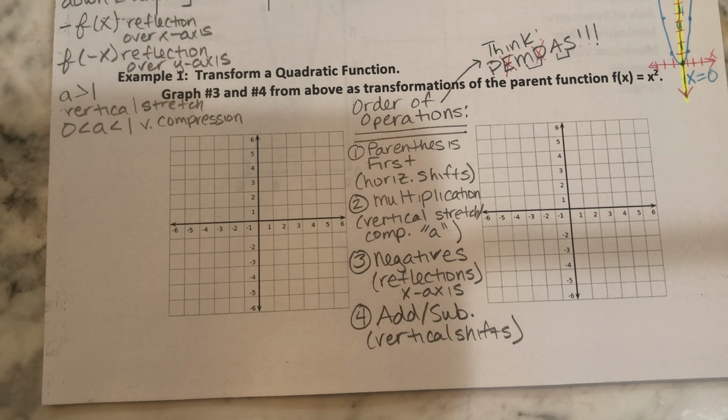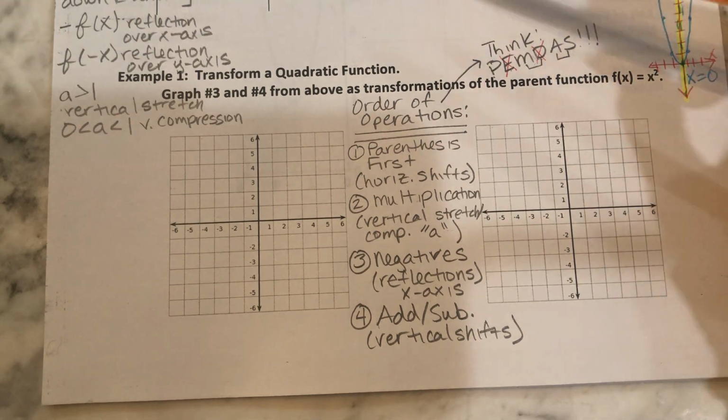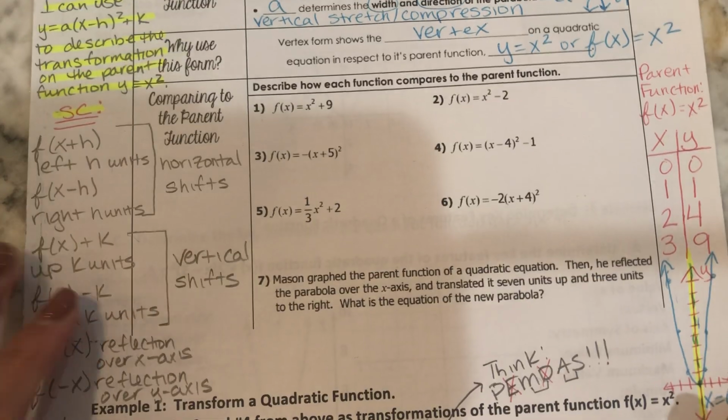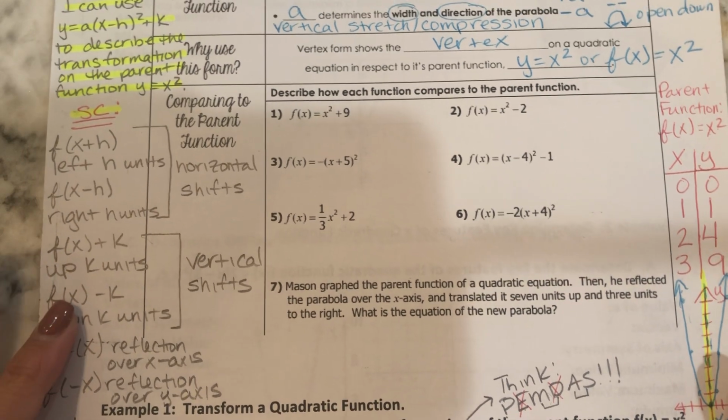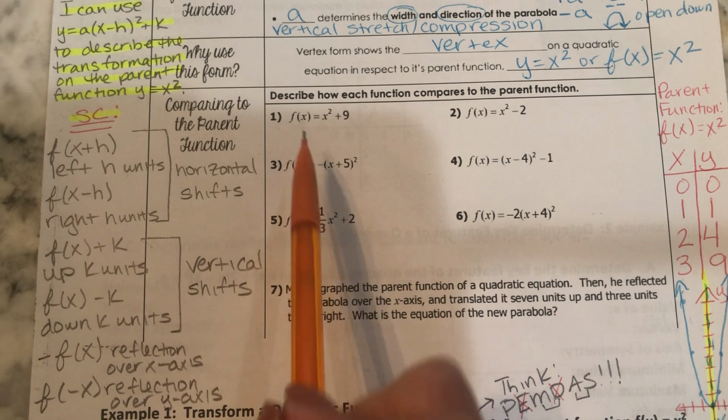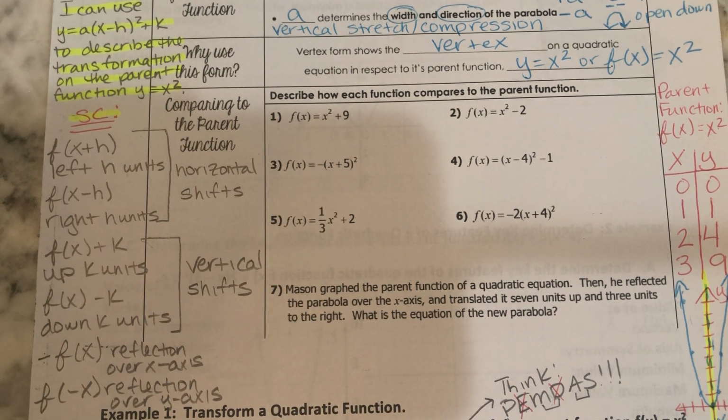All right, so let's use these order of operations to describe for 1 through 7 how these graphs are affected from the parent function, f of x equals x squared. All right, so all those notes we're going to use to do 1 through 7.